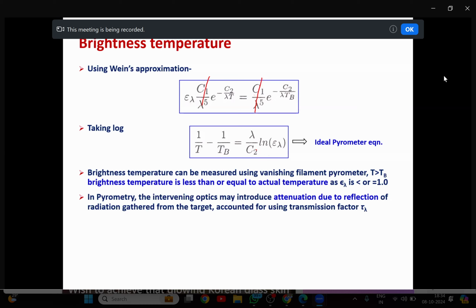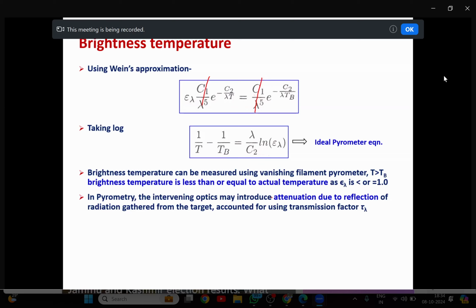So in a pyrometer, the vanishing filament pyrometer, for example, there are going to be several layers of optics that we are going to use, several lenses that we are going to use. So that may introduce some attenuation of the energy that is coming from the target onto the observer. So you need to account for a transmission factor, tau lambda.